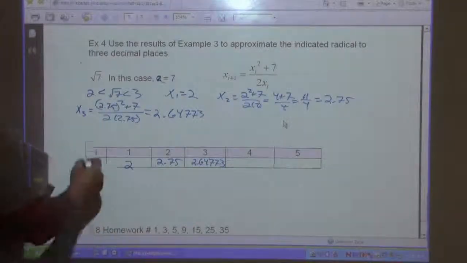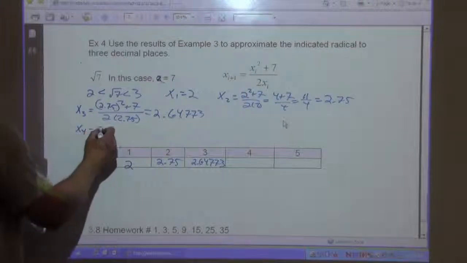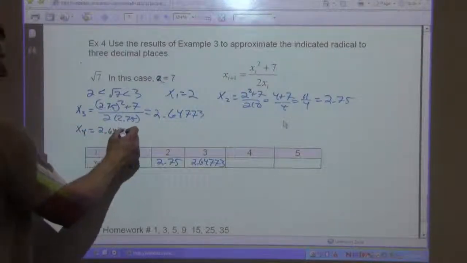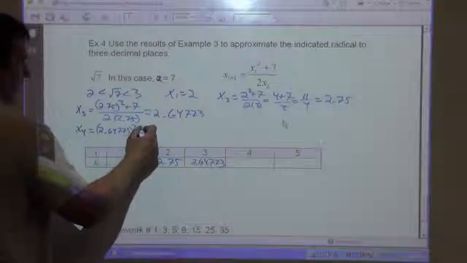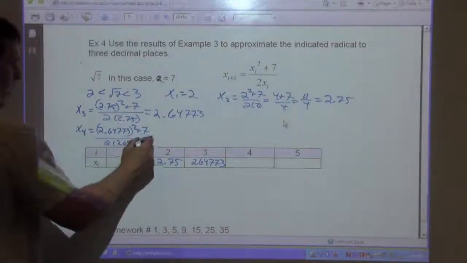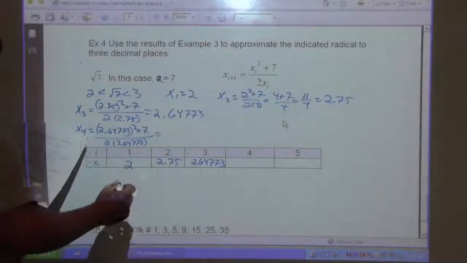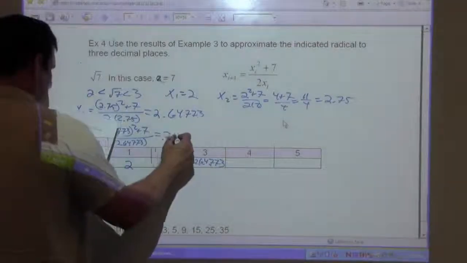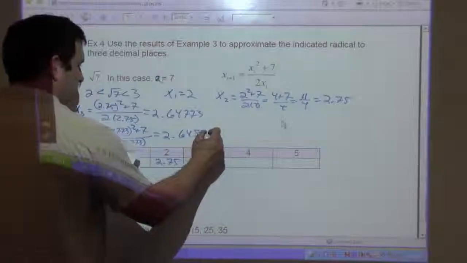Okay. Let's look at x4. That's going to be 2.64773 squared plus 7 over 2 times 2.64773. And that's going to be 2.64575.